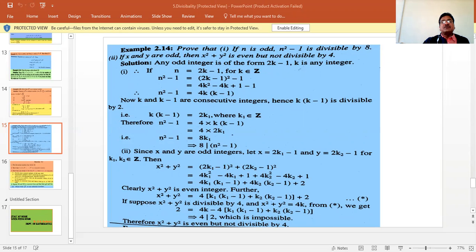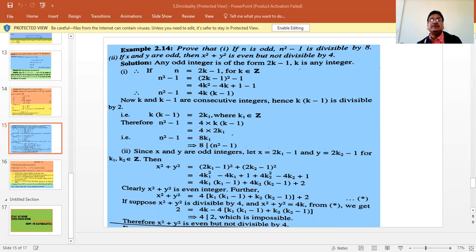And therefore n square minus 1 becomes 4 times this value of k into k minus 1. Substitute that value, 2k1. Then what do we have? We have the answer 8k1. So n square minus 1 is expressed in the form 8 into k1, and k1 is an integer, and that's why 8 divides n square minus 1 by using the definition of divisibility.